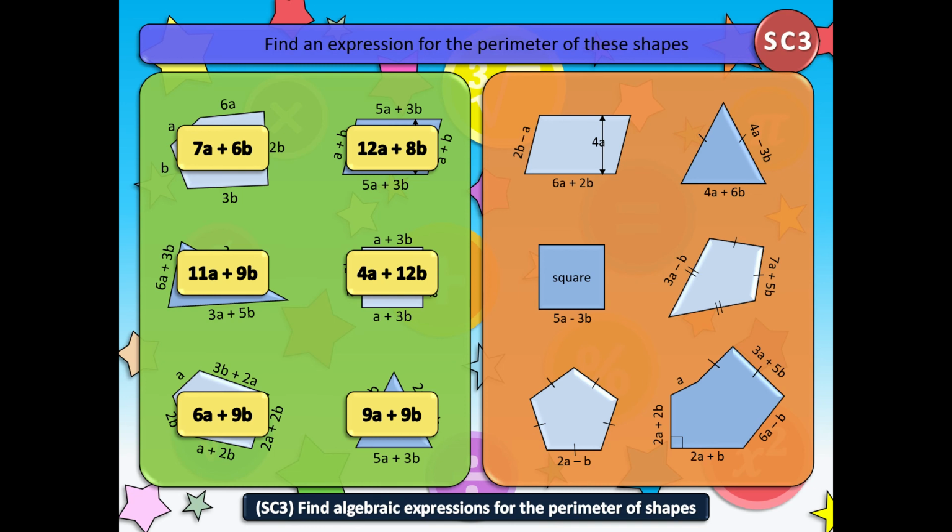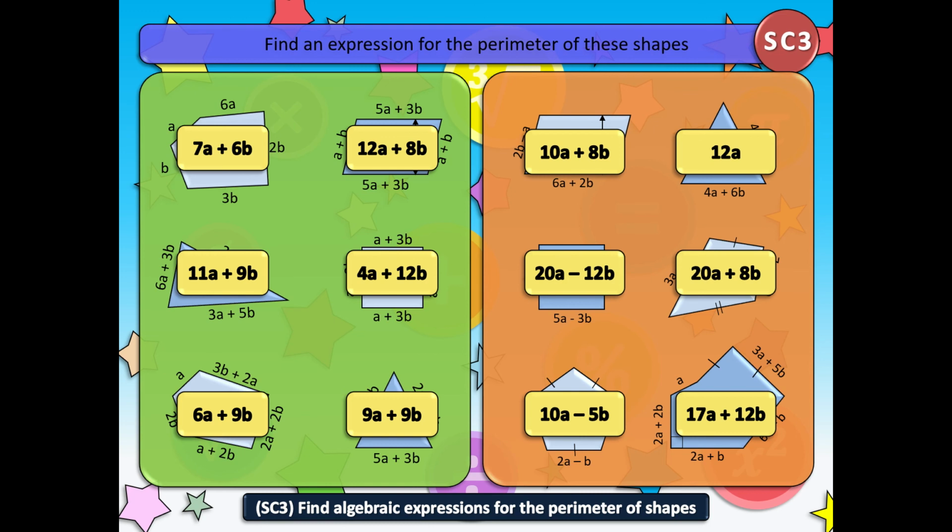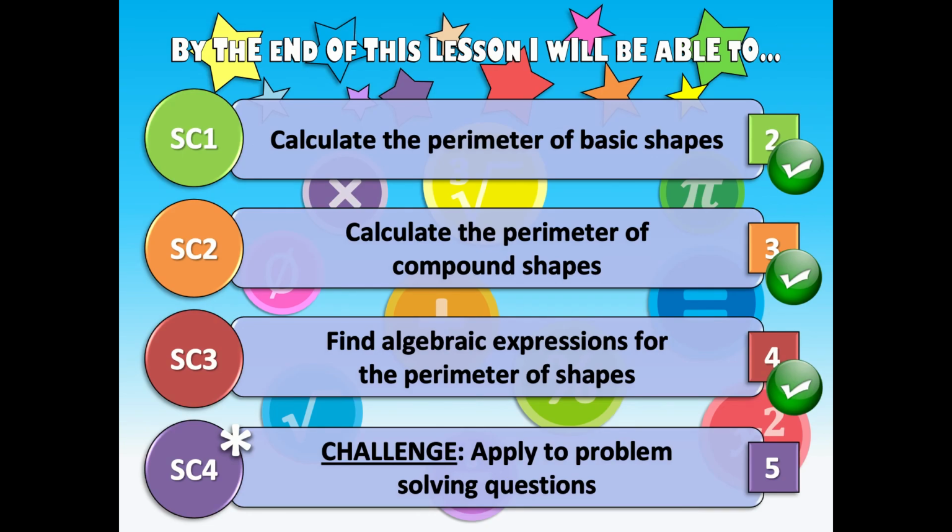So there's your green answers. And there's your amber answers. And now we've completed success criteria 3.